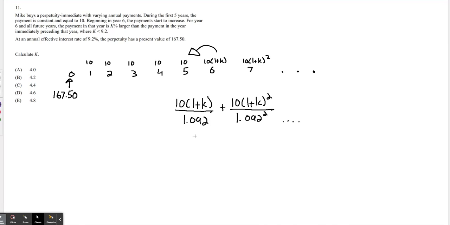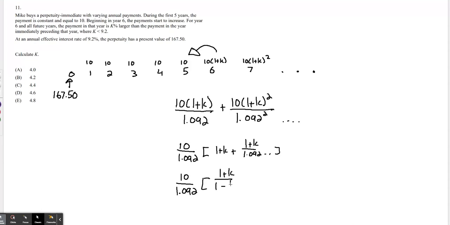Okay, so remember, the sum is just going to be first term over 1 minus common ratio. So I'm going to factor out a 10 over 1.092, and then I get 1 plus k plus (1 plus k) over 1.092, so on and so forth. So I get 10 over 1.092 times first term over 1 minus common ratio.